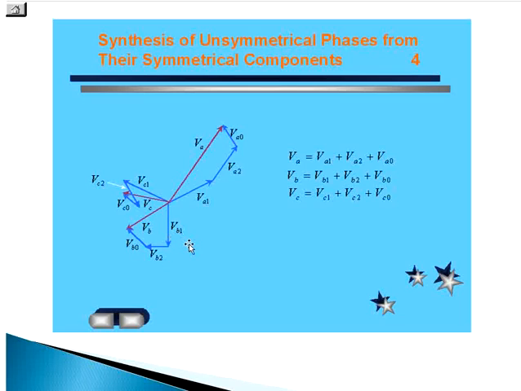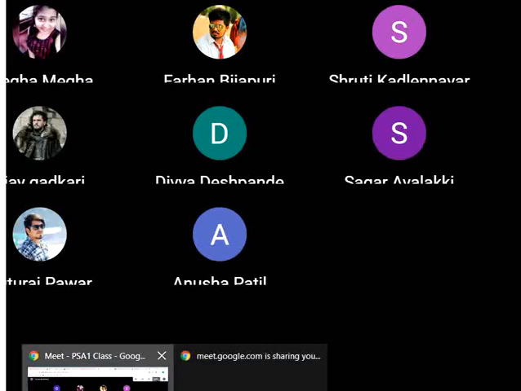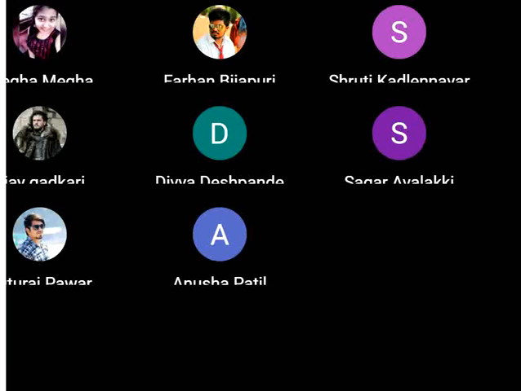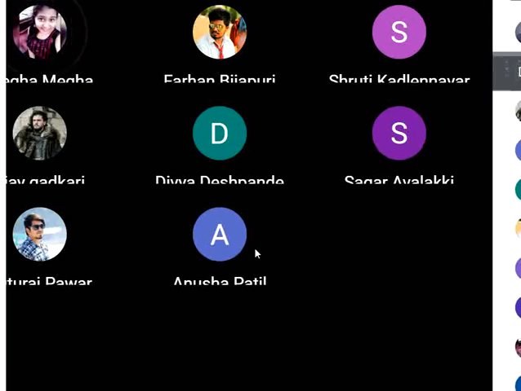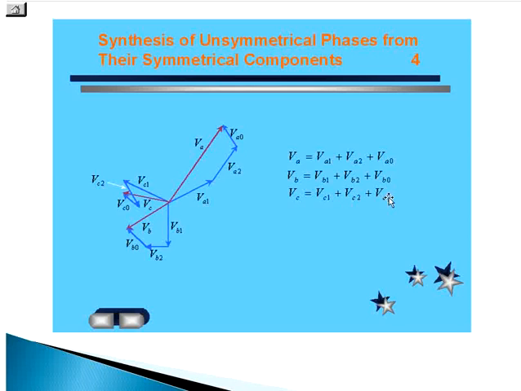Anusha? VB equals to, are you audible? Yes, sir. What is VB equals to? VB1 plus VB2 plus VB0. Now VC equals to VC1 plus VC2 plus VC0.